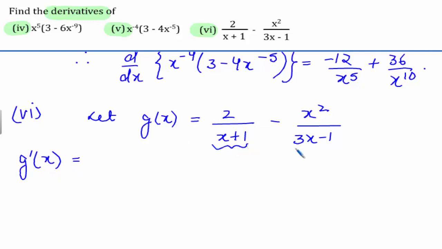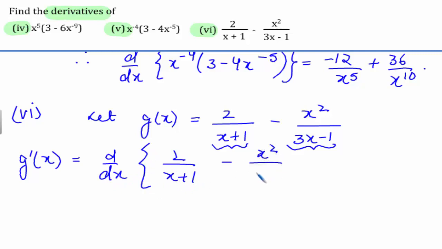So here we have to find the derivative of 2 divided by x plus 1 minus x square divided by 3x minus 1. And we know that derivative of the difference of two functions is the difference of the derivatives of the two functions, that is derivative of 2 upon x plus 1 minus derivative of x square divided by 3x minus 1.